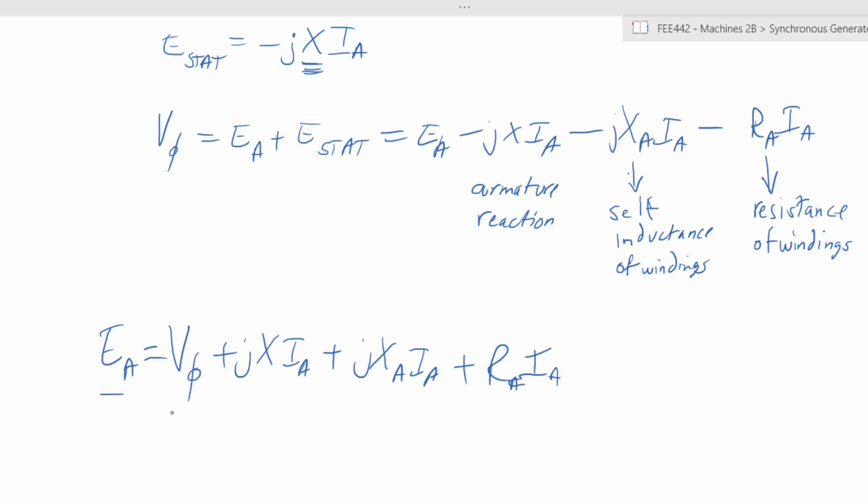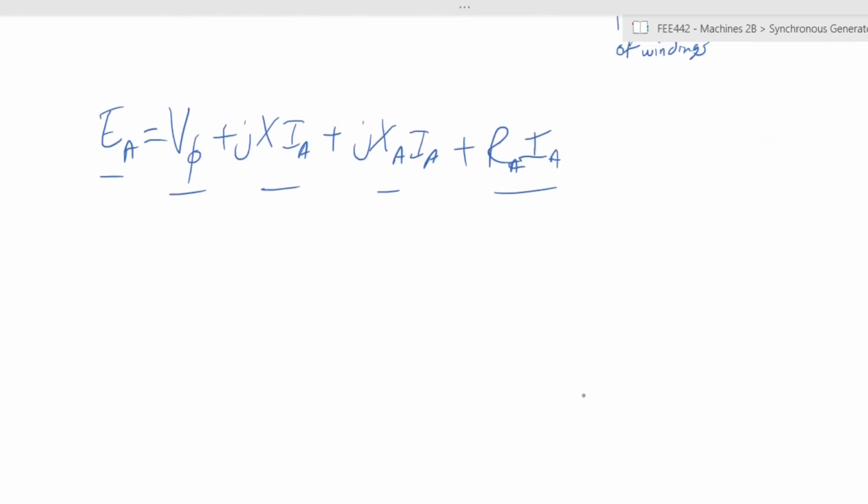So now you have all the components that you would need to create an equivalent circuit of your alternator or your synchronous generator.